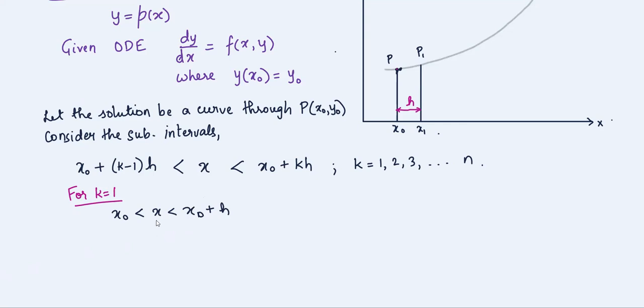Now let P1 be equal to (x0 plus h, y1). This is (x1, y1), where x1 is x0 plus h. That means at this point the function value is y1. Now how to find this y1?